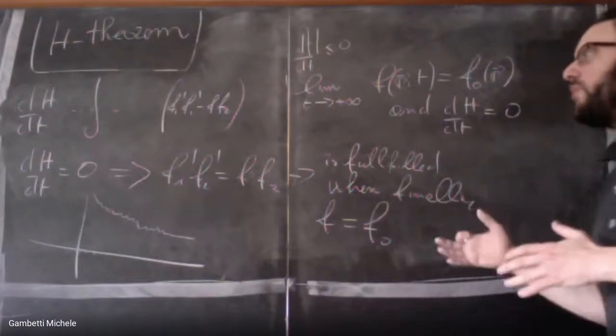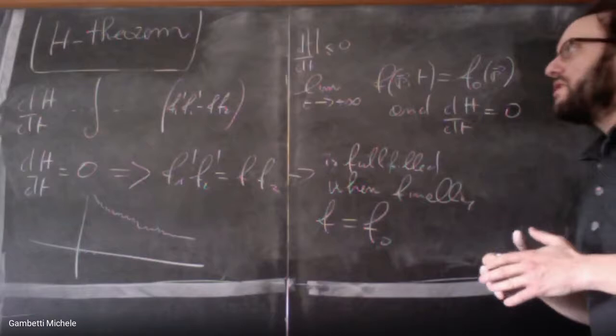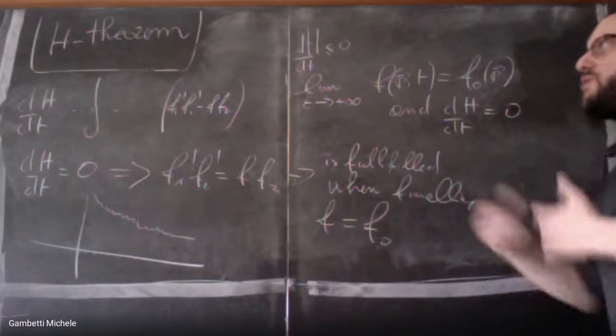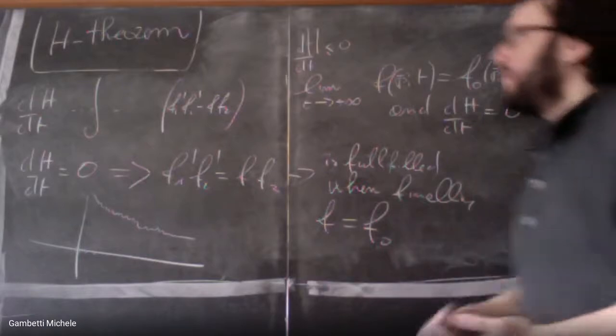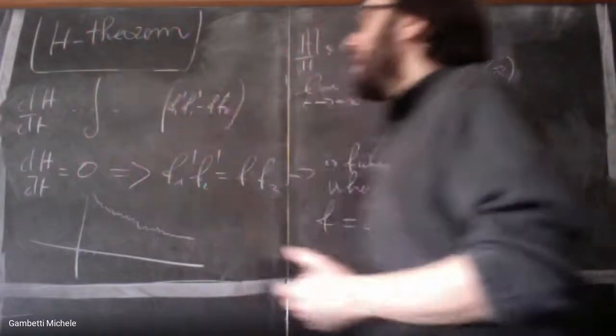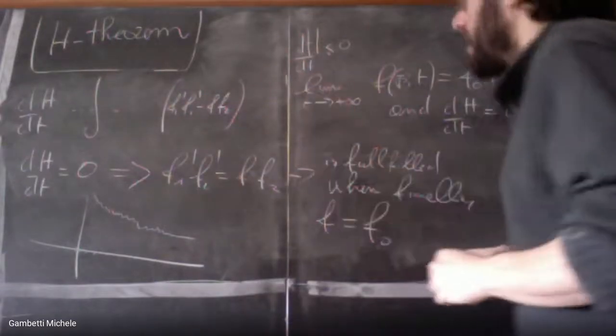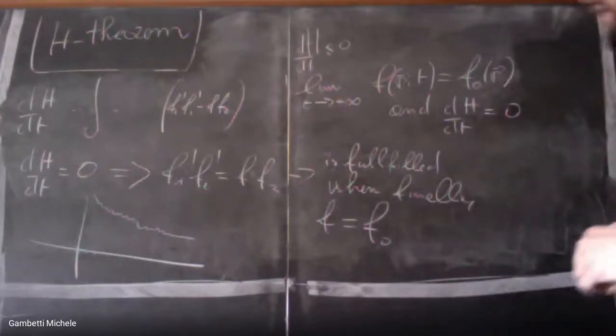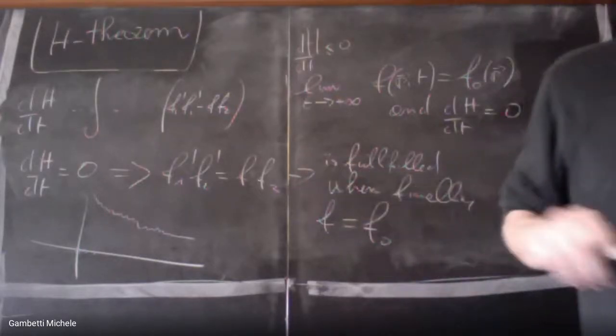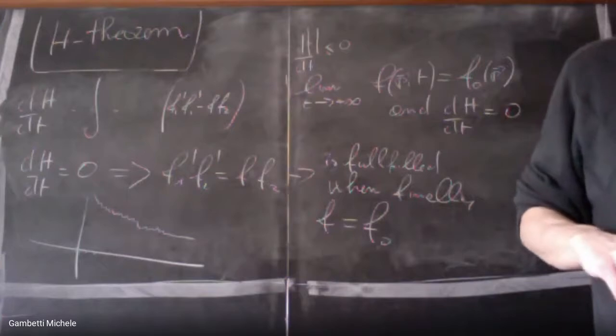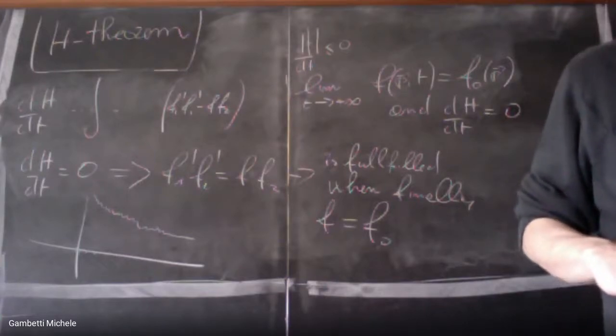And the most probable situation is the one in which entropy is maximized, or if you want, H is minimized, because the two things are basically the same apart from a minus sign. Okay, so I will stop with this. This is a very fascinating subject, I think. And let me go on.